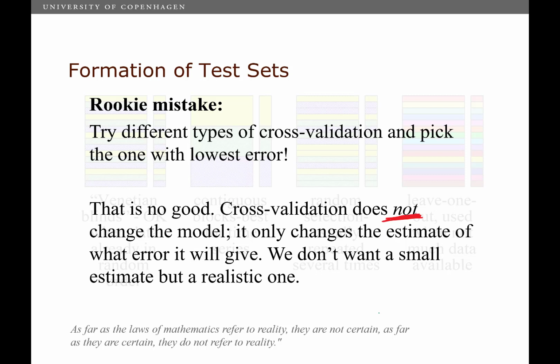And there might be more than one right cross-validation, so you may want to try leaving out in groups of 5 and in groups of 6. But you cannot just blindly test a lot of different cross-validation methods and then just pick the best one. You have to do an appropriate cross-validation and then use the results, whatever they are.